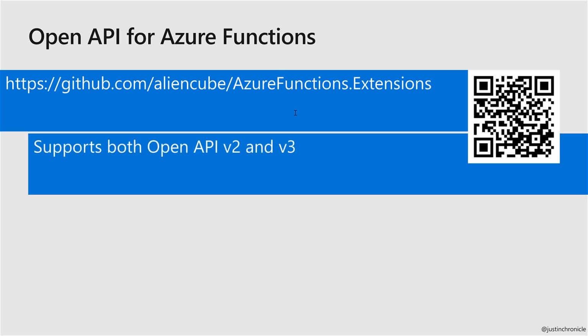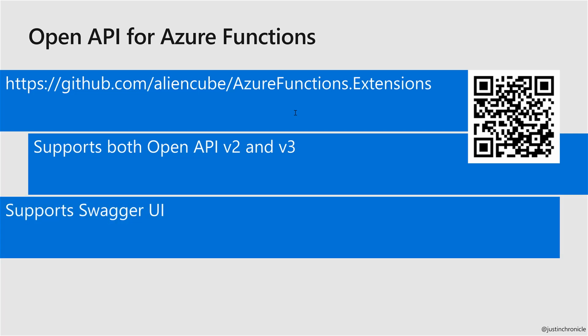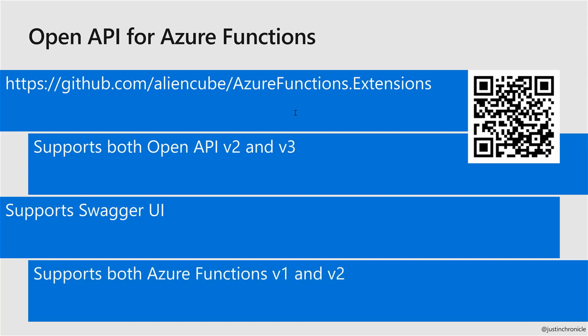It supports both OpenAPI version 2, which is Swagger, and version 3. This library also supports Swagger UI. If you have already used Swashbuckle on your ASP.NET application, this library will give you a similar experience to Swashbuckle. It also supports both version 1 and version 2, which is a good thing.